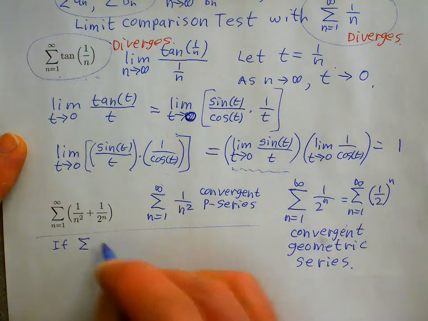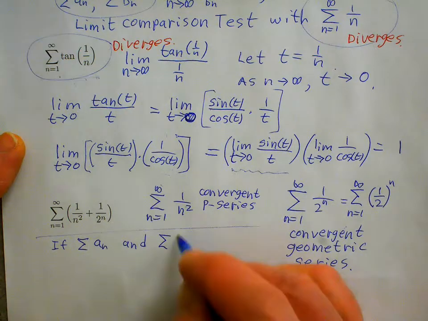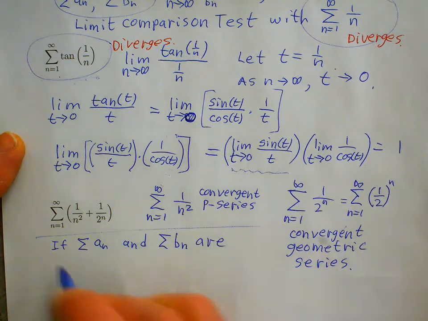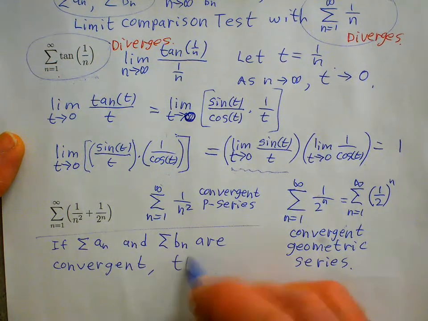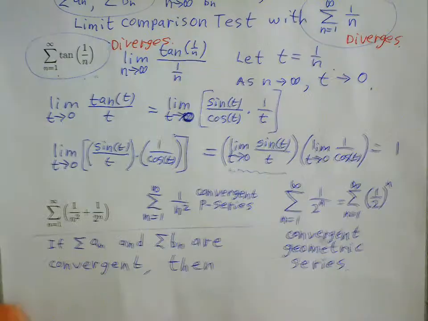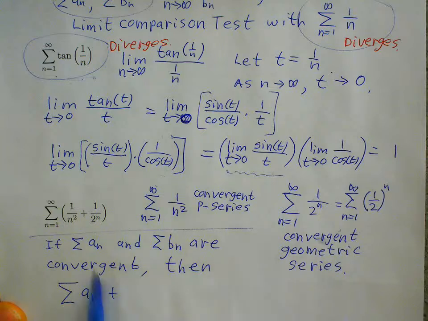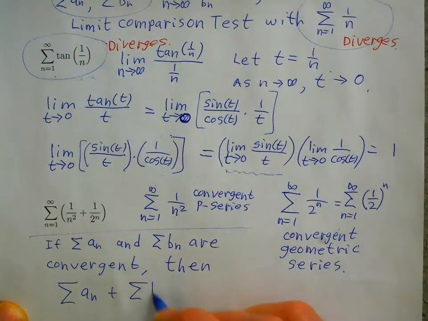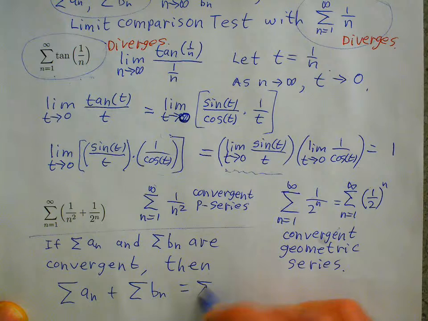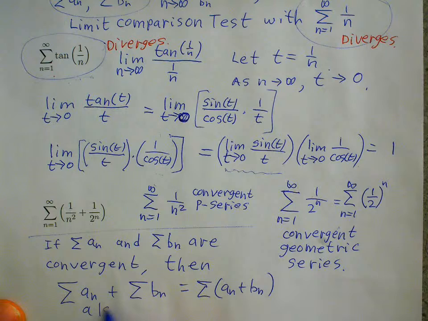If the series of a sub n terms and the series of b sub n terms are convergent, then the sum of the two, well, if we have positive terms, which those have, then the sum of those can be written this way, and it also converges.